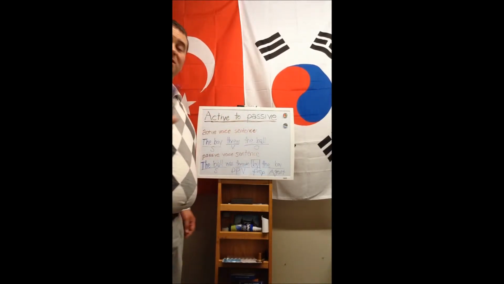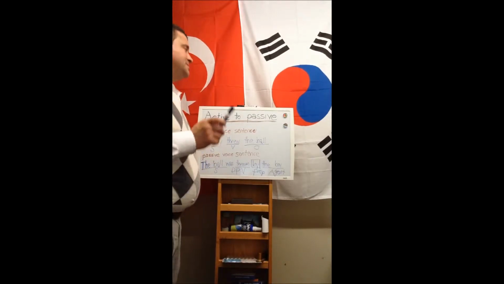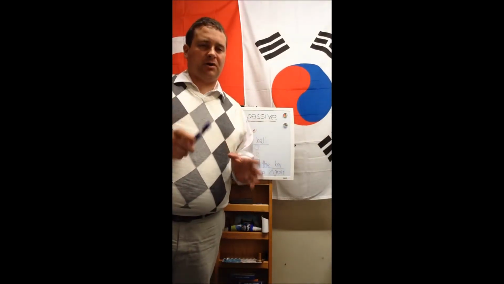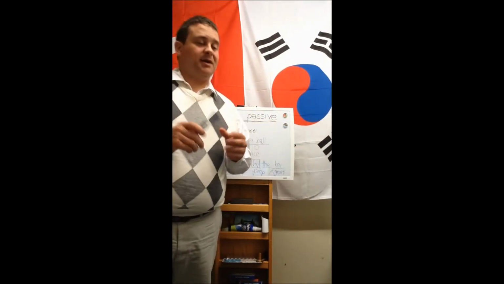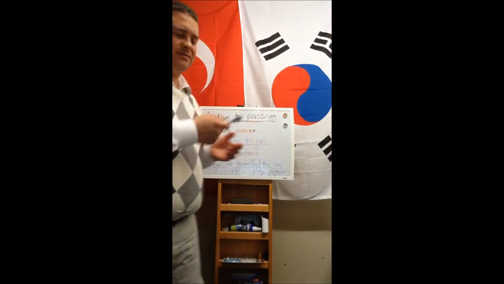But most importantly, we need to remember that we're going to write it down as a past participle verb. Past participle is very easy to understand. I'll explain to you. A past participle means we're using a verb that explains a past action. So a passive sentence explains a past action. So a past participle verb explains a past action. Threw, thrown, eat, ate. Okay, ate is a past participle verb. Thrown is a past participle verb.